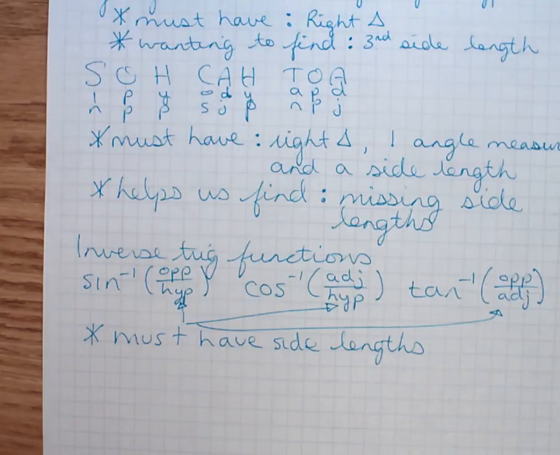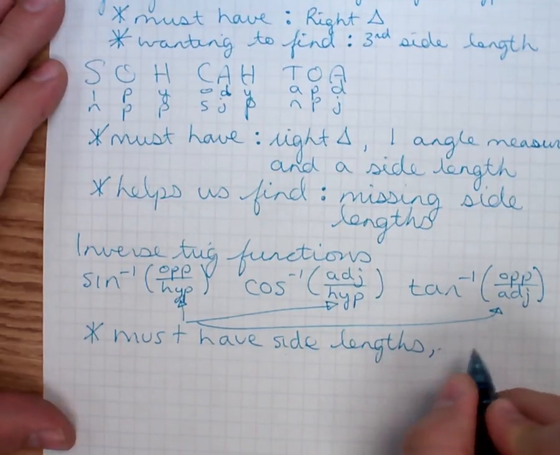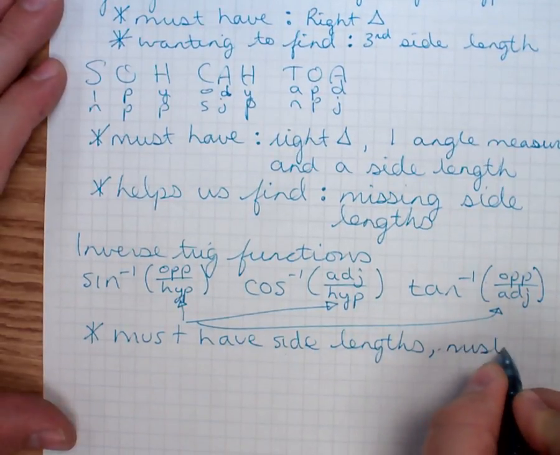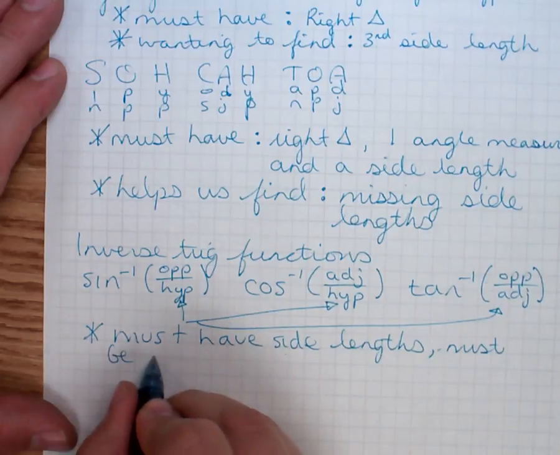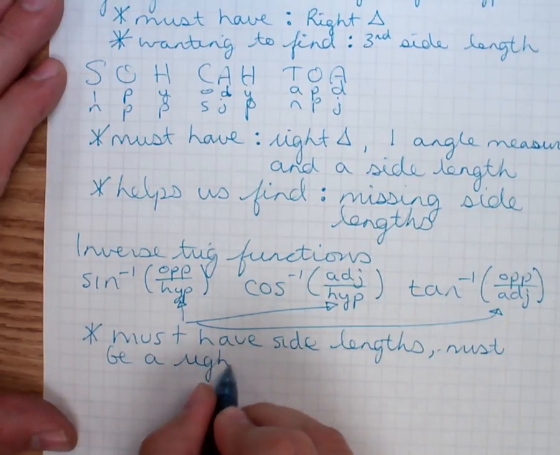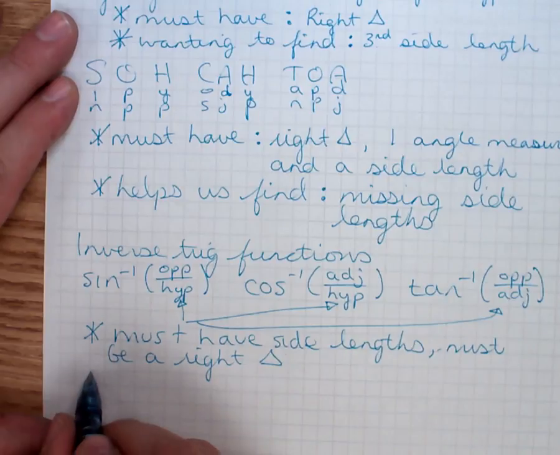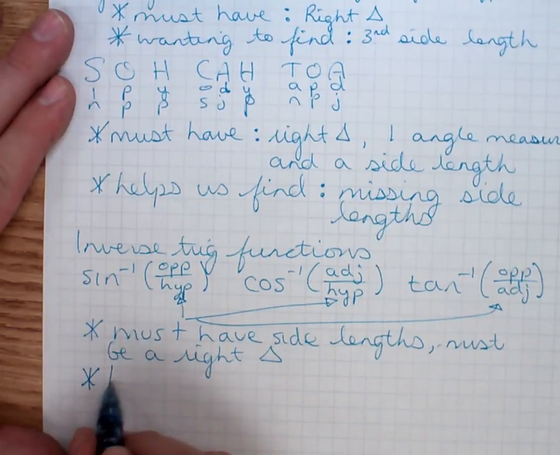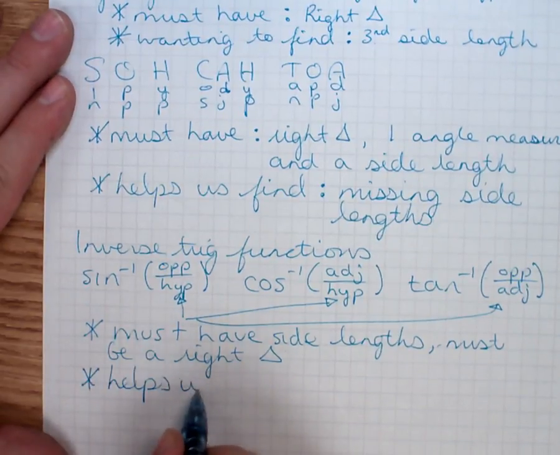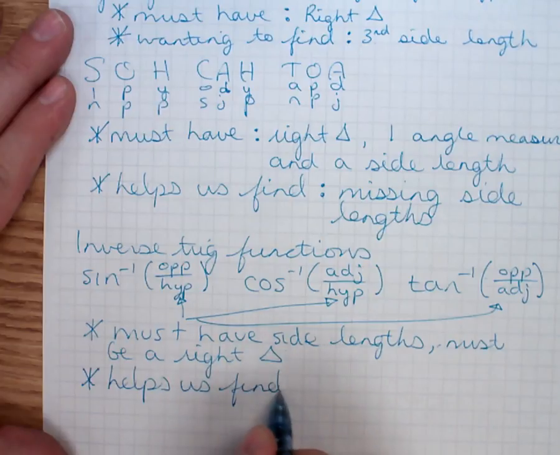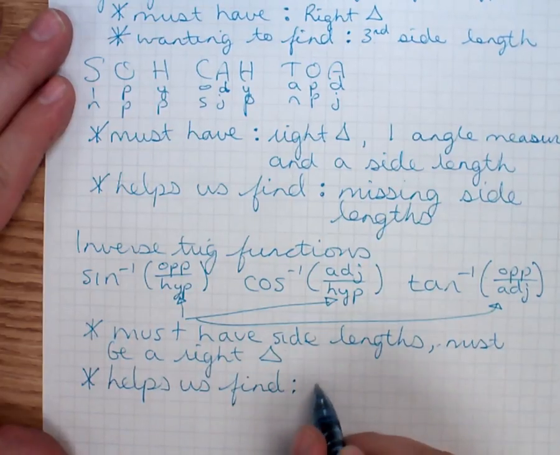It has to be a right triangle. And these inverse trig functions help us find what? Missing angle measures. Yep.